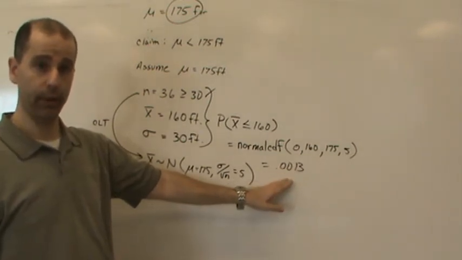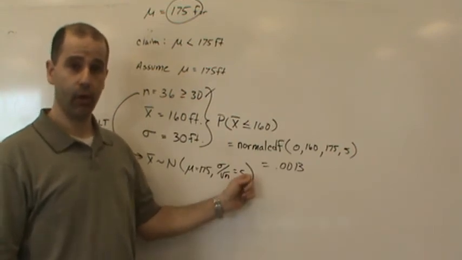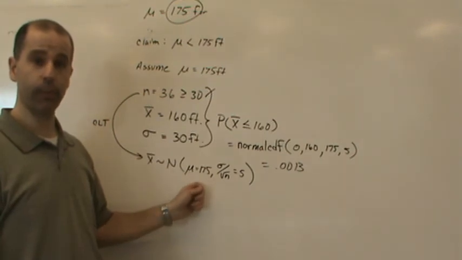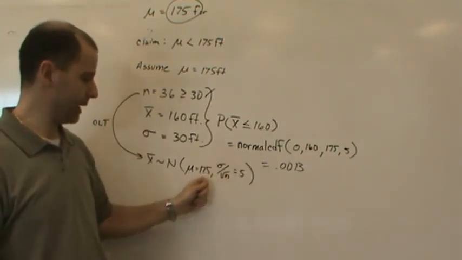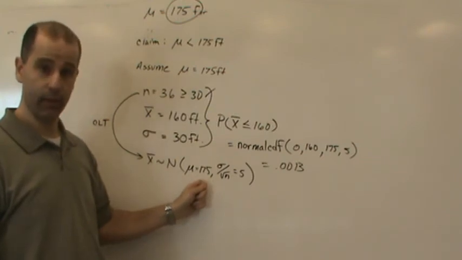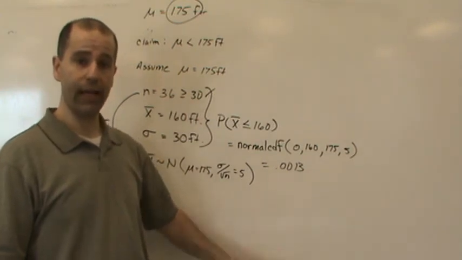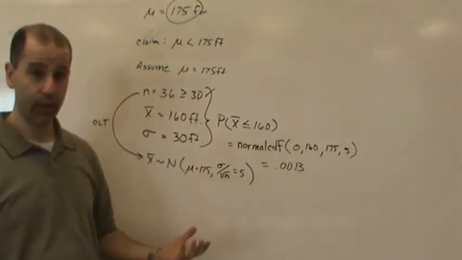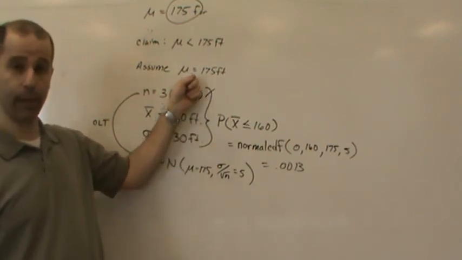Really small probability. So again, the question is, are we just lucky, or is our assumption wrong? Because that's what our probability is based on. The probability was calculated based on the assumption. But the probability of getting that sample is so small that either we're lucky and it was just a fluke, or our assumption is wrong about the parameter.